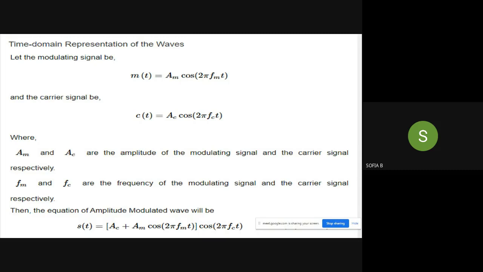Fm and Fc are the frequencies of the modulating signal and the carrier signal. The equation of the amplitude modulated wave will be s(t) = [Ac + Am cos 2π fm t] cos 2π fc t.